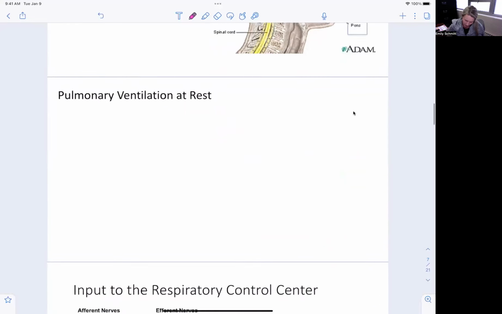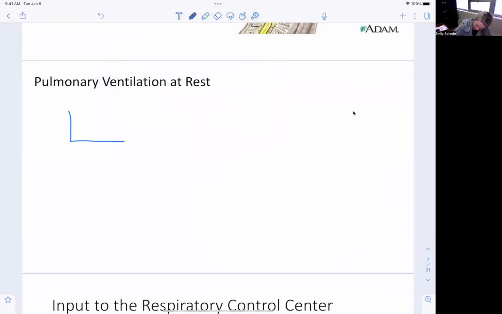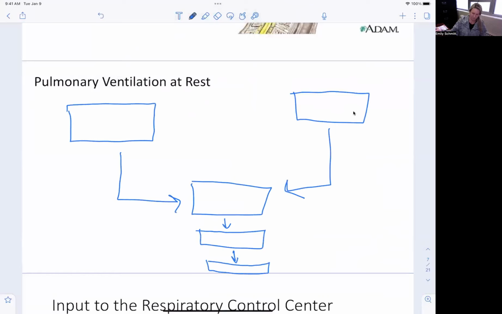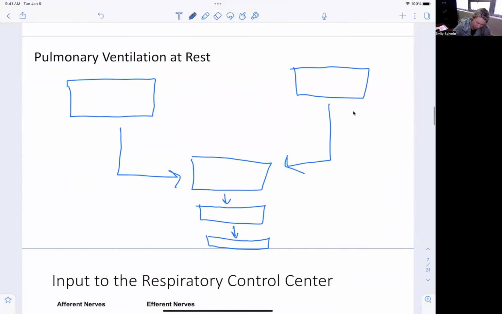With our pulmonary ventilation at rest, we're going to draw out a few of these. It's going to look like a similar idea to this, but maybe we'll simplify it a little bit.